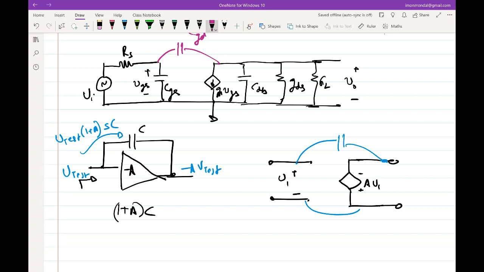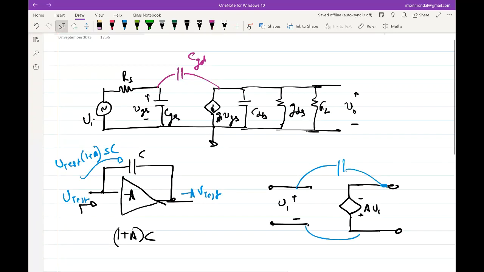So why are we talking about the Miller effect in our case? In our case, we are talking about the Miller effect because in the absence of CGD, if CGD were not there, the voltage at the output node will be minus gm times VGS divided by, let's say, (gds plus GL). If I neglect CGD, this will be the voltage, and this voltage is VGS.